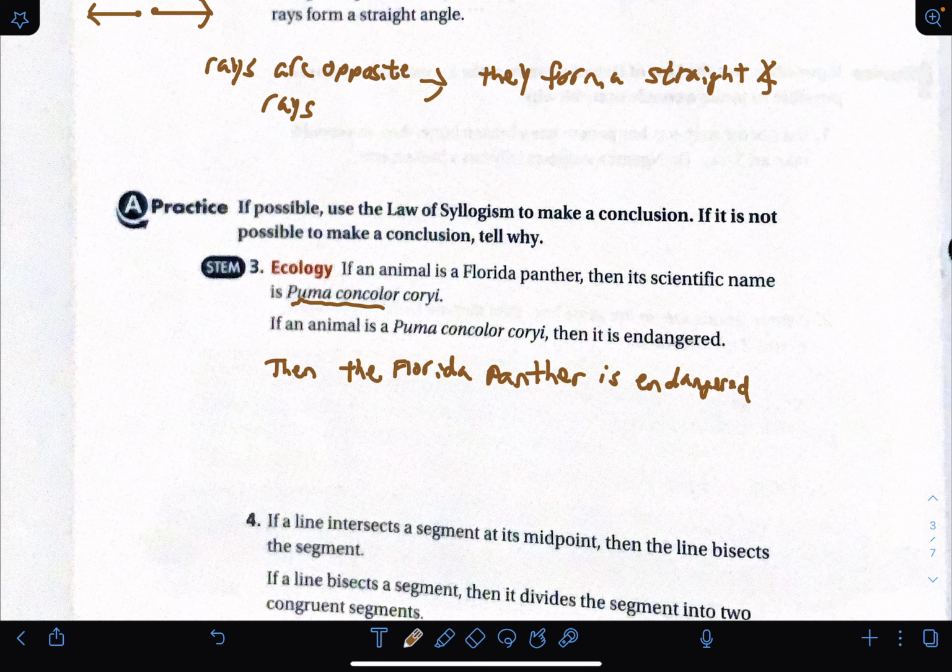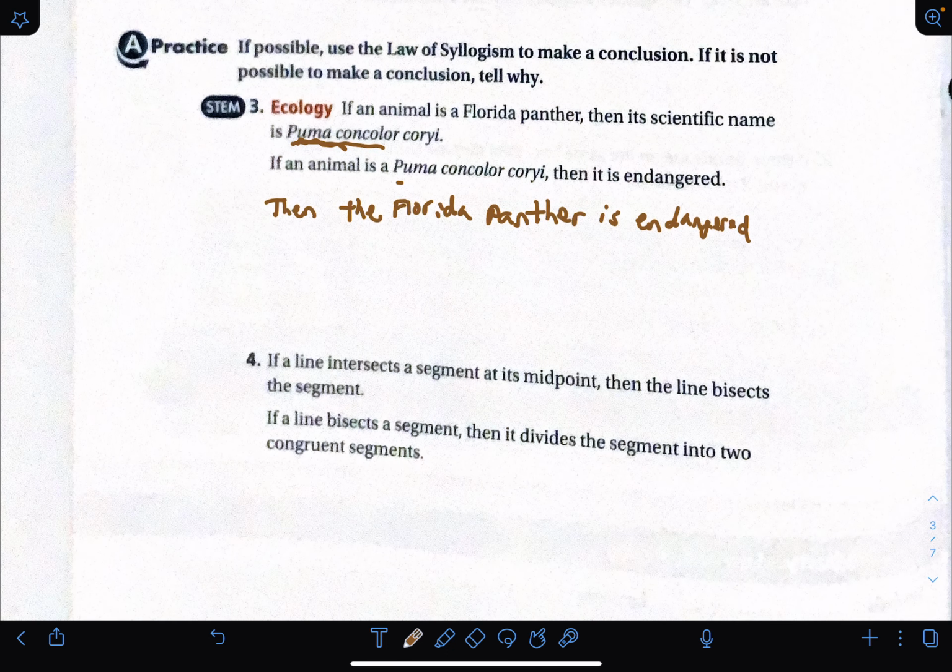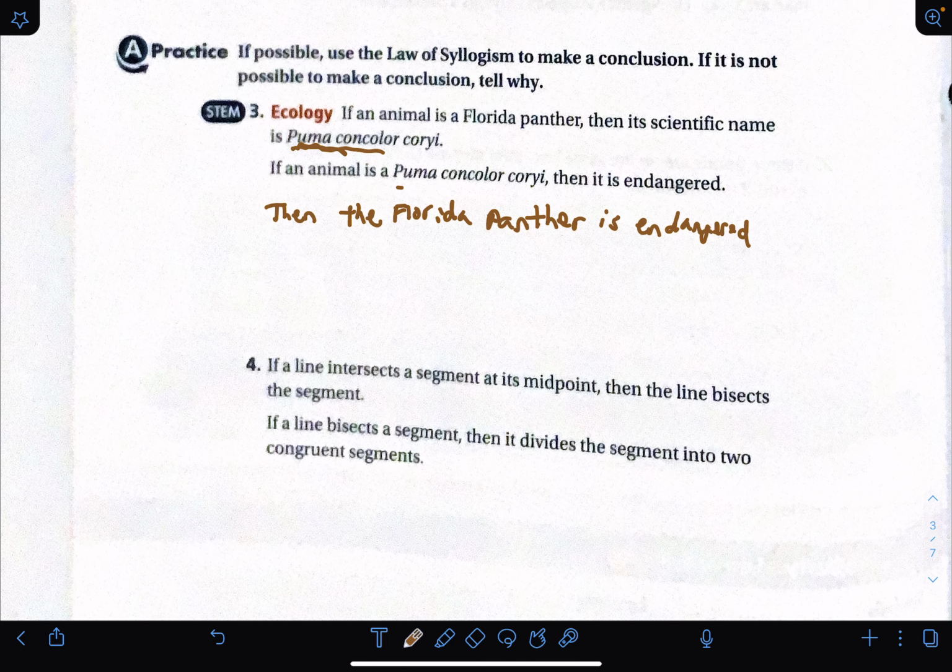All right? Because they said if an animal is a Florida panther, then its scientific name is Puma concolor. If an animal is a Puma concolor, then it's endangered. So you can conclude then the Florida panther is endangered. And that was one of your problems, so I'll let you do the other one.